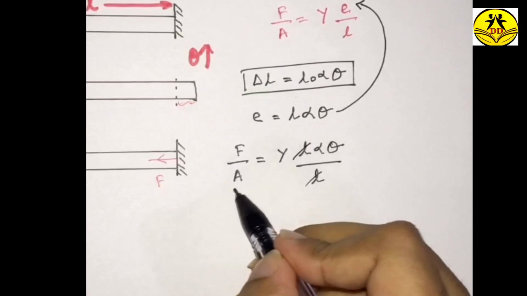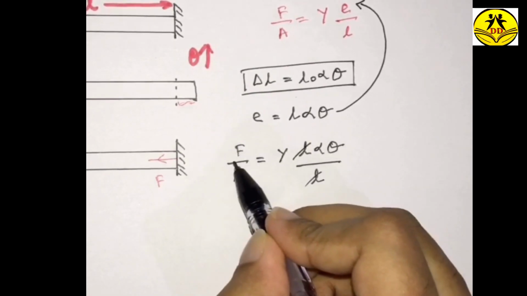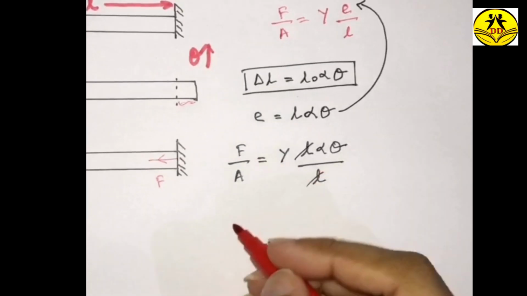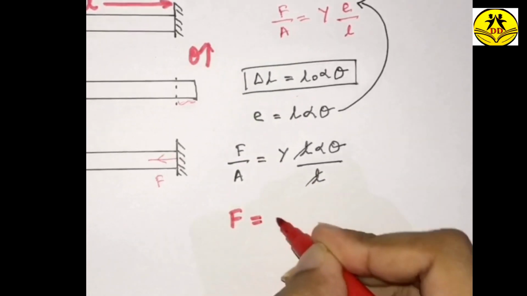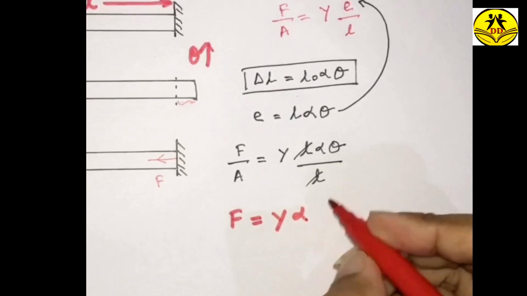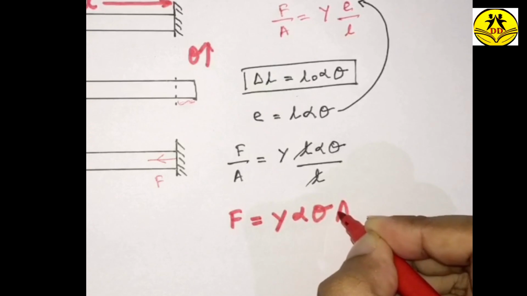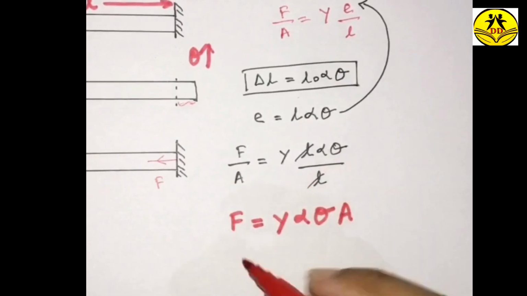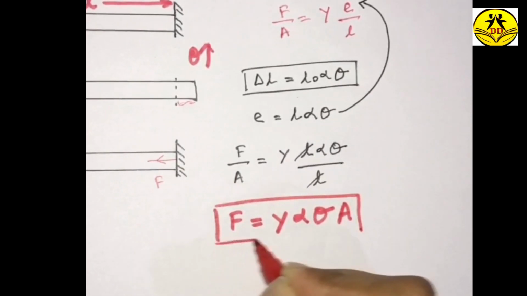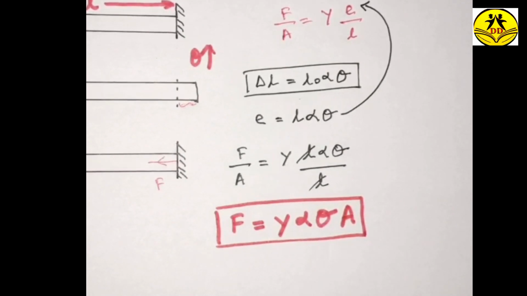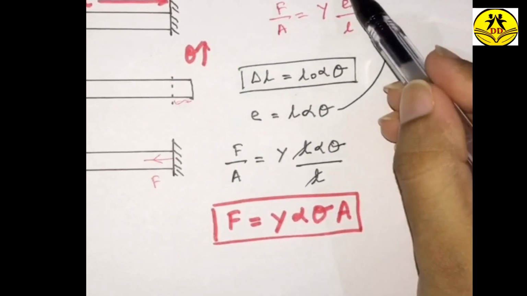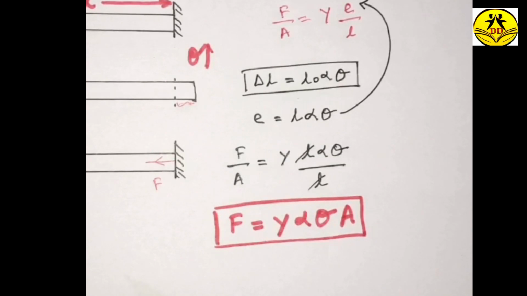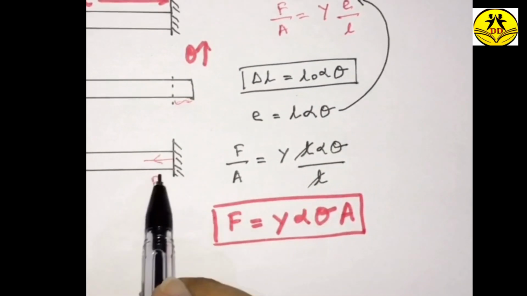We take this area to this side, making F the subject, and we get F equals Y alpha theta A. So this is the equation we use in calculating the force exerted on a material when there is a temperature change, whether it is a compression or an extension.